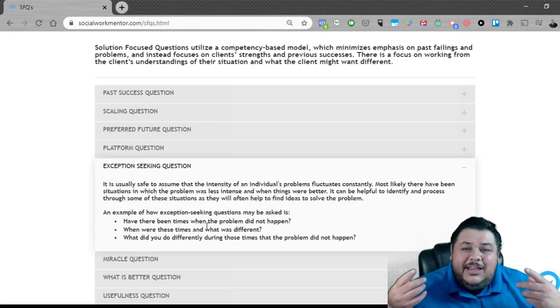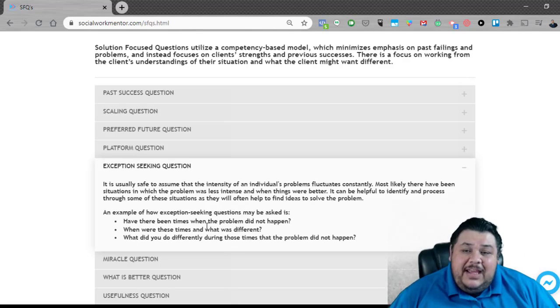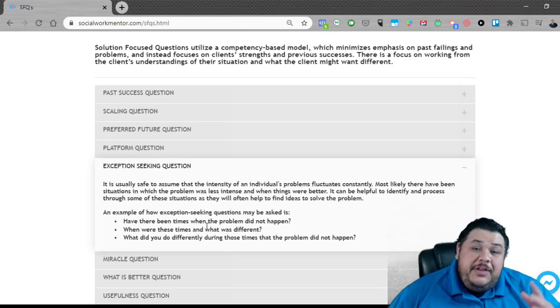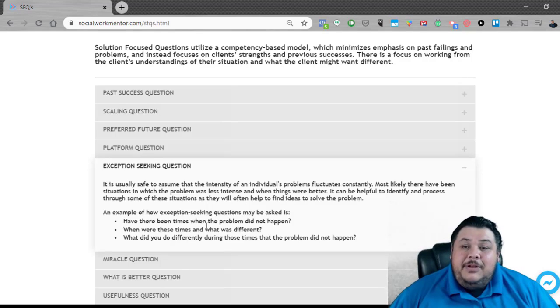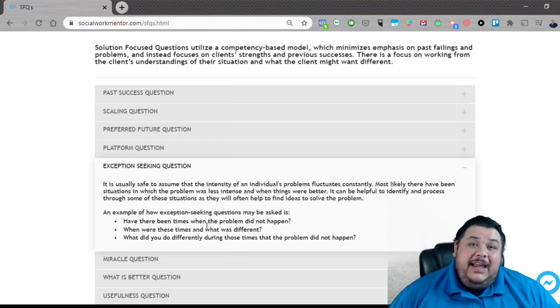So you're going to want to get them to connect a little more with that past experience that was a little more positive. And then what you're finally going to want to move them towards in this example is a question something like this: what did you do differently during those times when the problem didn't happen?